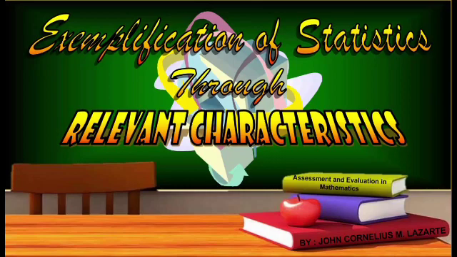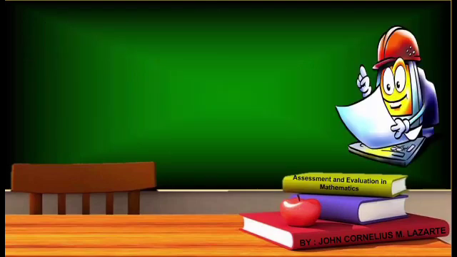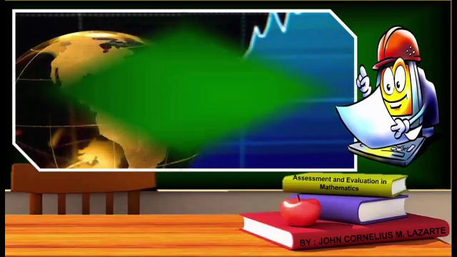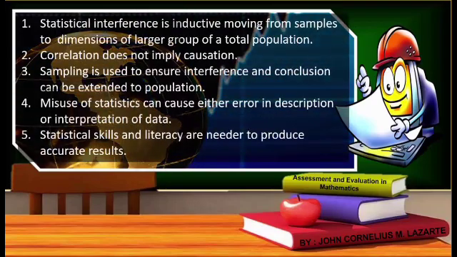Now we have exemplification of statistics through relevant characteristics. This is just like a review since we have gone through the statistics subject. First, statistical inference is inductive, from samples to dimensions of a larger group or total population.